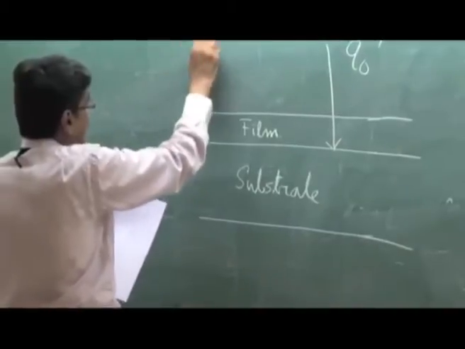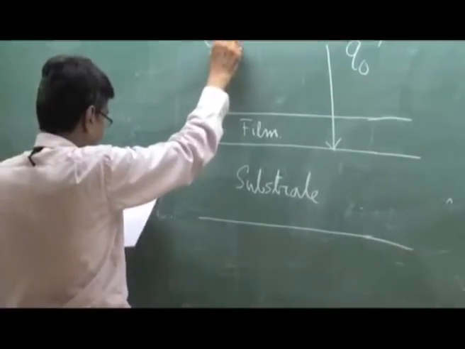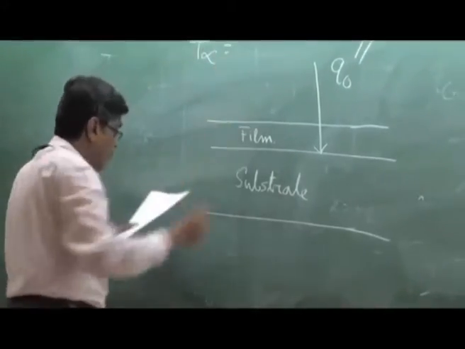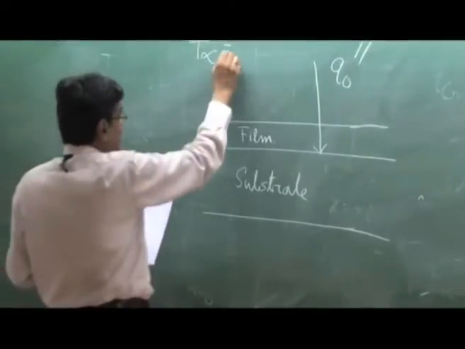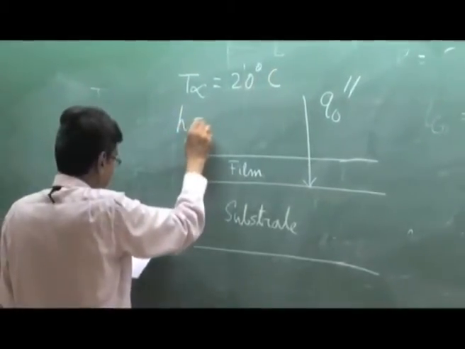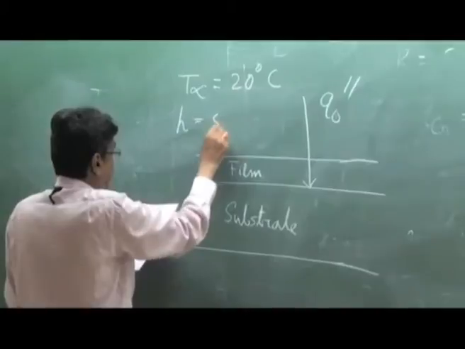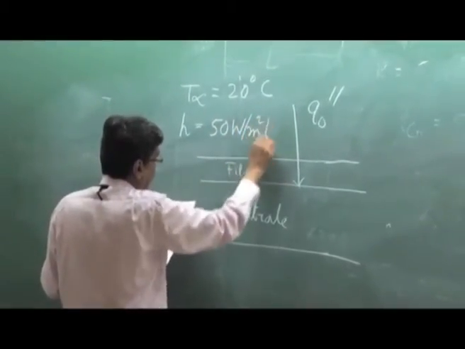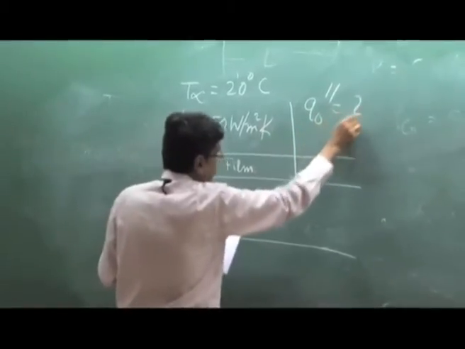T infinity is given as, what is T infinity? 20 degrees Celsius. h is given as 50 watts per meter square K. This has to be found out.